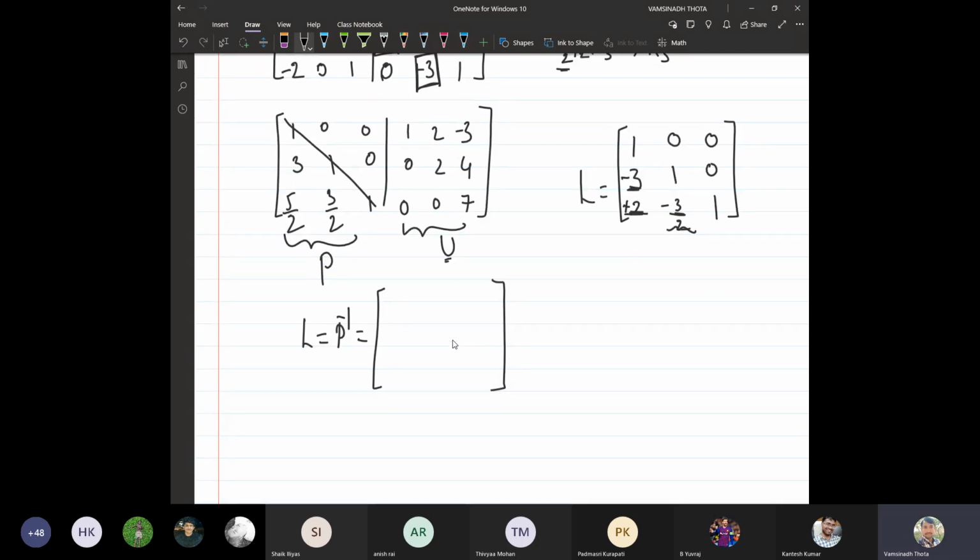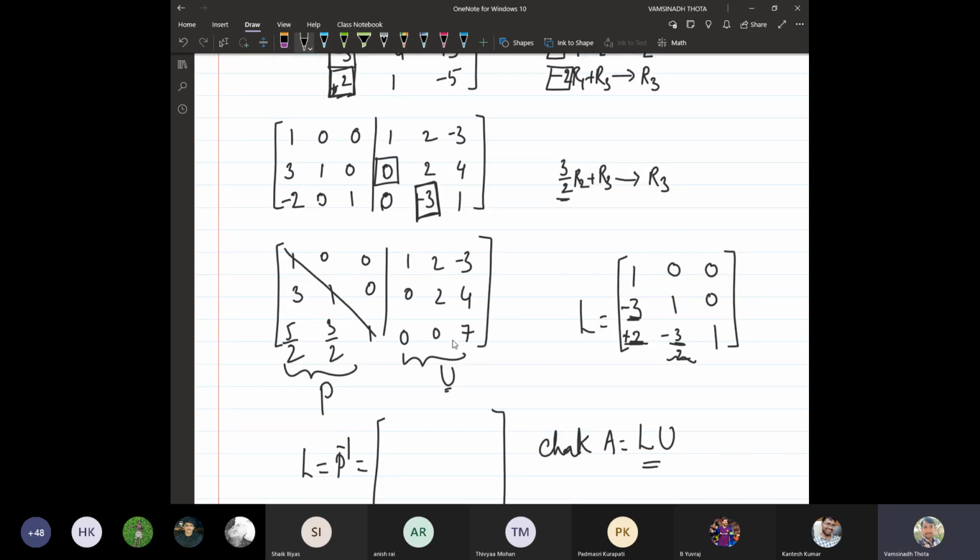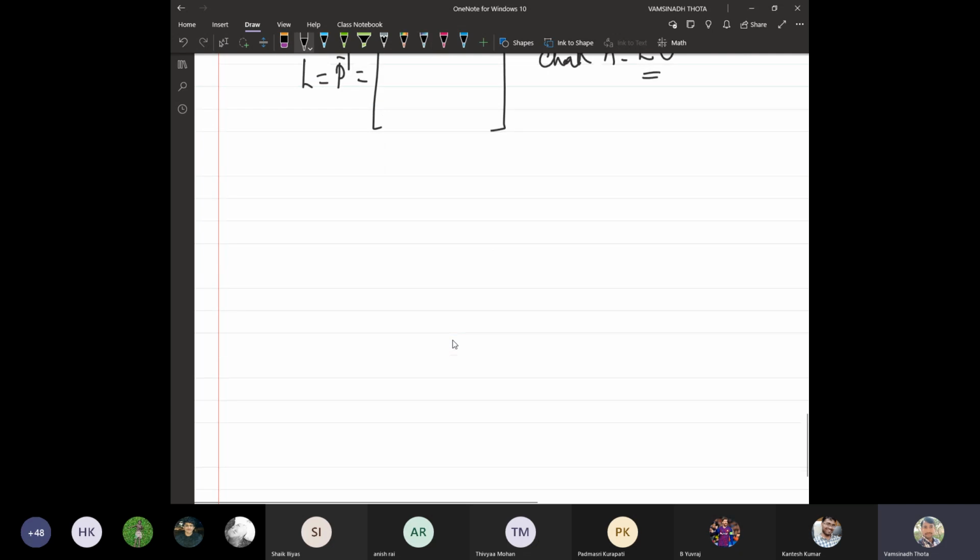Okay. So now you can check that A is actually equal to L times U. So this is the process. You can convert it. Now let us continue the same example.